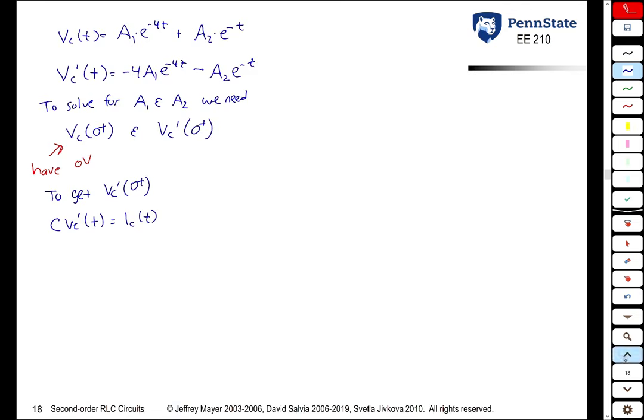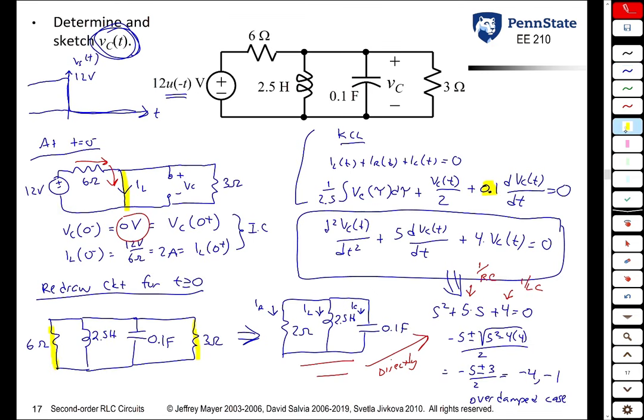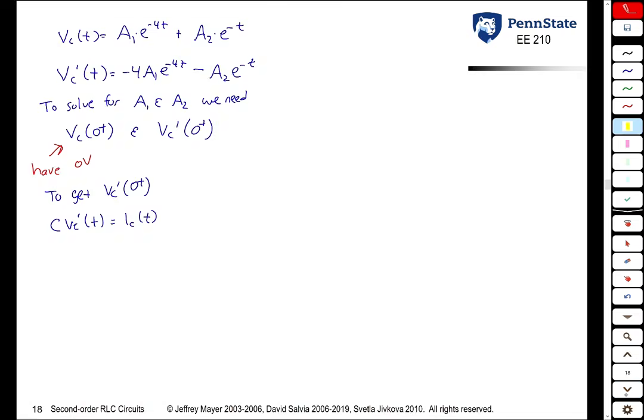But what is IC of t? IC of t plus IL plus IR is equal to 0, so IC equals minus IL minus IR. So IC of t equals minus IL of t minus IR of t.